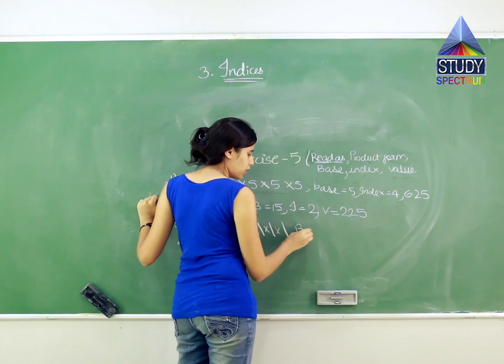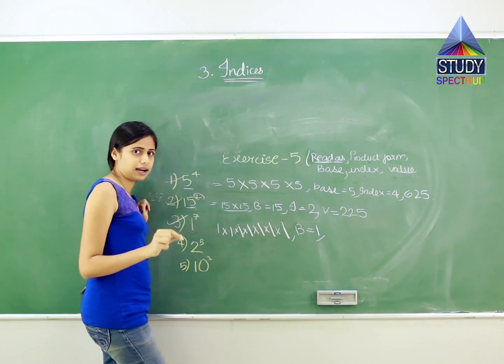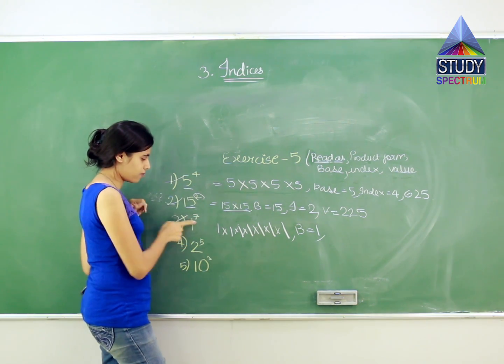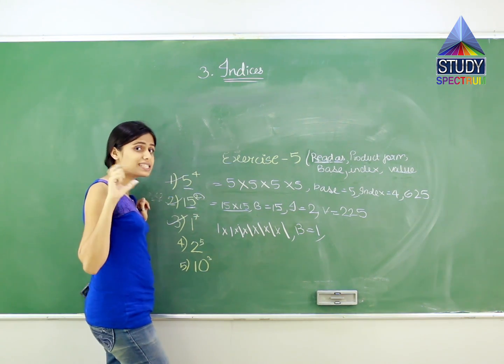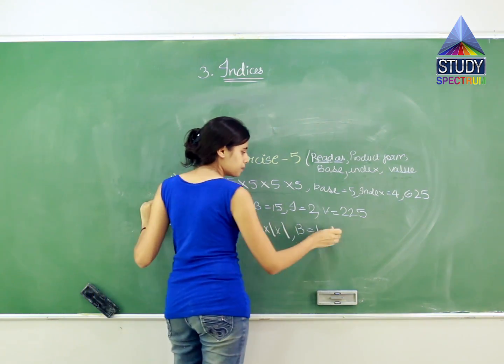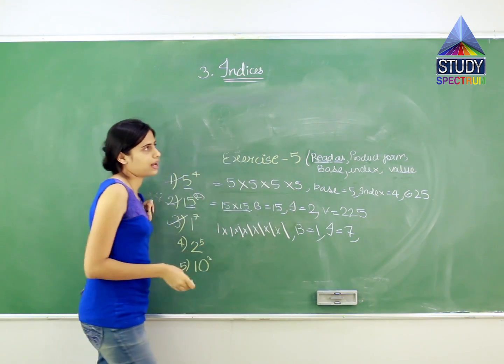So that only we have to write: base is equal to 1. And what is index? Index, as I said, बेस के कंपैरिजन में छोटा होता है, ऊपर होता है. So over here we have 7, because 7 is relatively smaller in size than 1 and it is written above 1. So what is index? Index is 7.